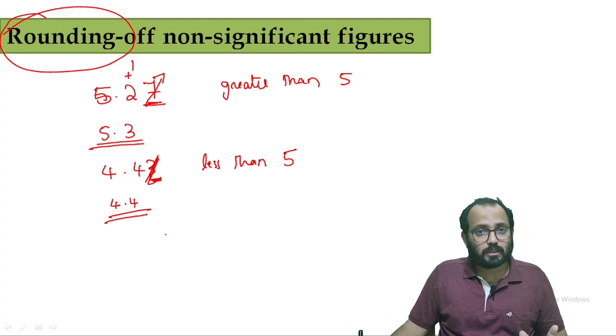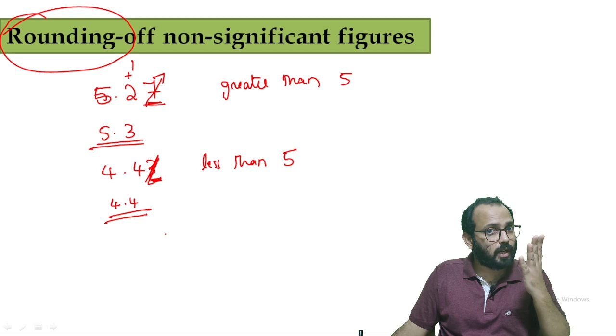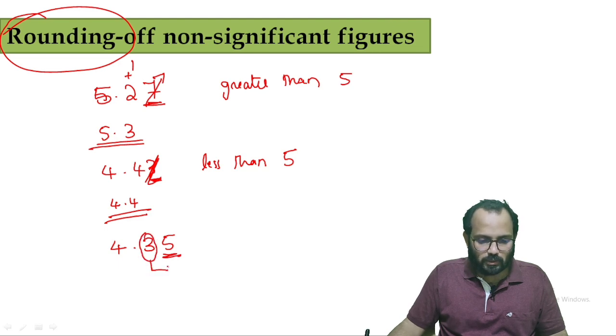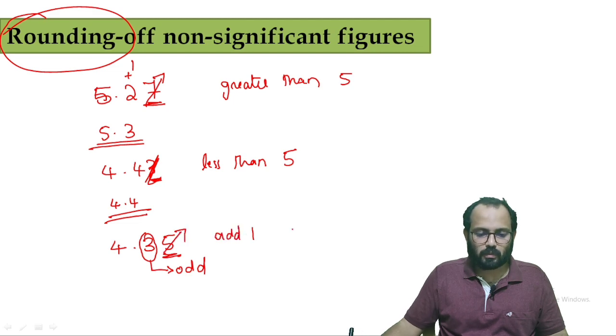And what if it is 5? Let's talk about that. Let's say 4.35. If it's 5 and the number before this 5 is odd, then you neglect this and add 1. So the result is going to be 4.4.